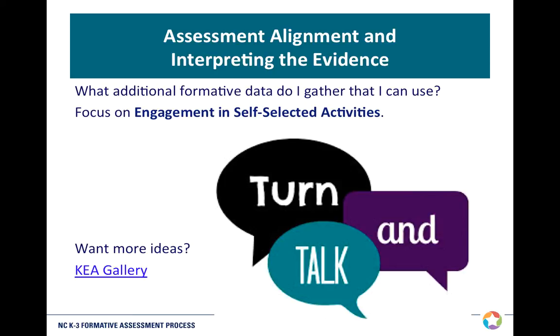And what evidence do you think you could elicit? What data do you gather that could help you to mark students along that progression to determine their current learning status in order to help your students move to the next step?